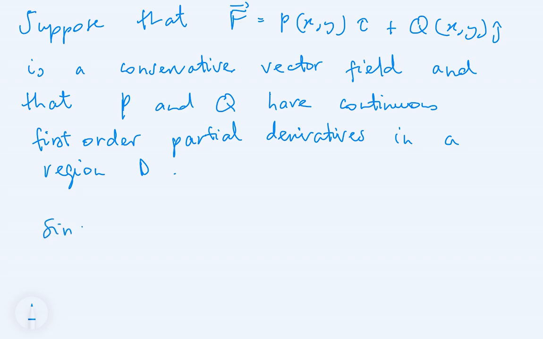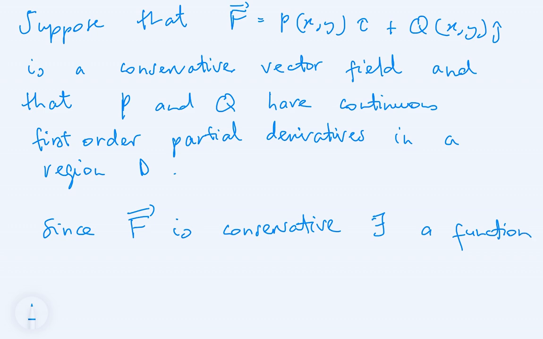Since the vector field F is conservative, there exists a function f such that the vector field F is equal to the gradient of this function f.